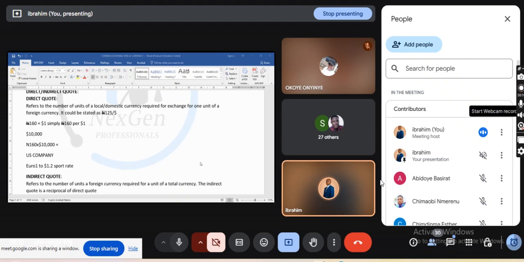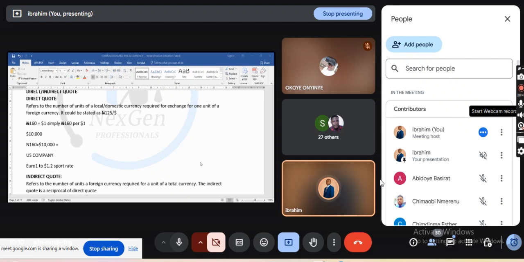You want to buy something in the US, you cannot pay in naira. You have to convert it to dollars, and it is $10,000. The spot rate is 160 to $1, so for every $1 it will attract 160 naira.